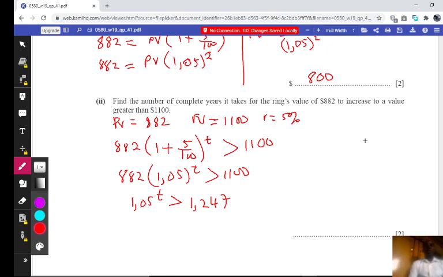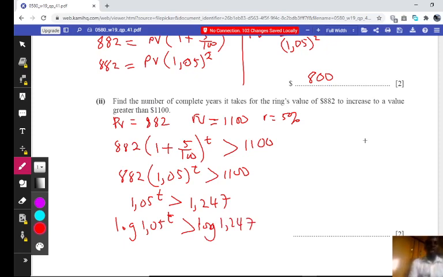Then when it's like this, please, you have to apply the laws on logarithms. You introduce log here. You say log 1.05 to the power t is greater than, you also put log here, 1.247.